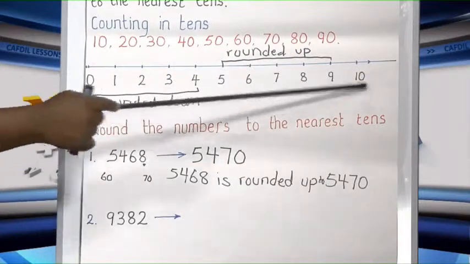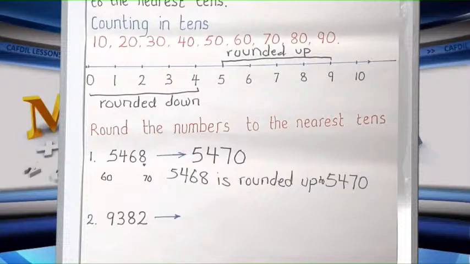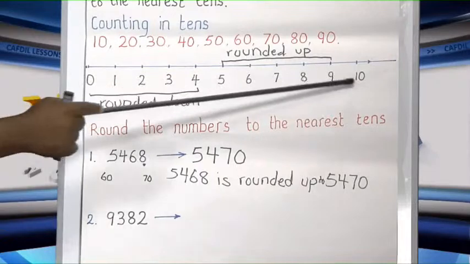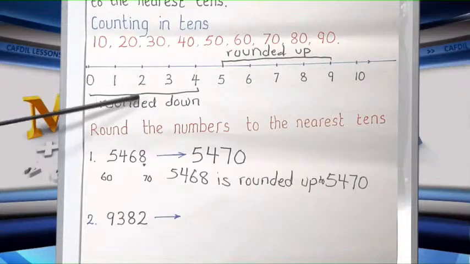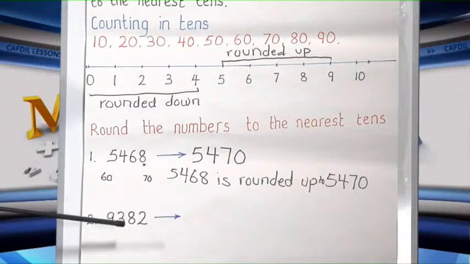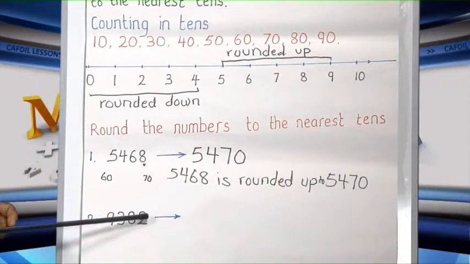So look at 2 and then 10. 2 is far away from 10. This is 2 and this is 10. It's far away from 10. So in rounding it off to the nearest 10, we have to ignore the 2.